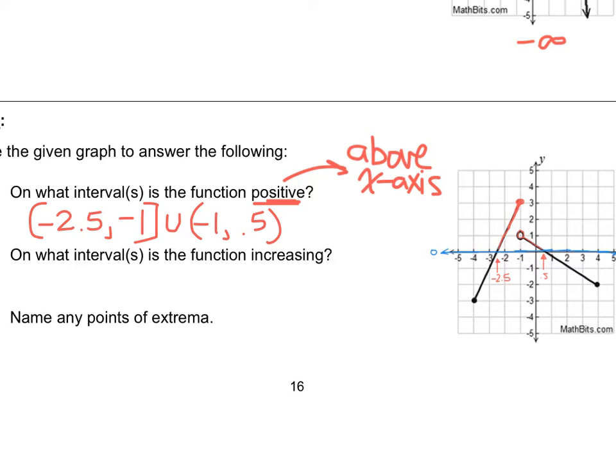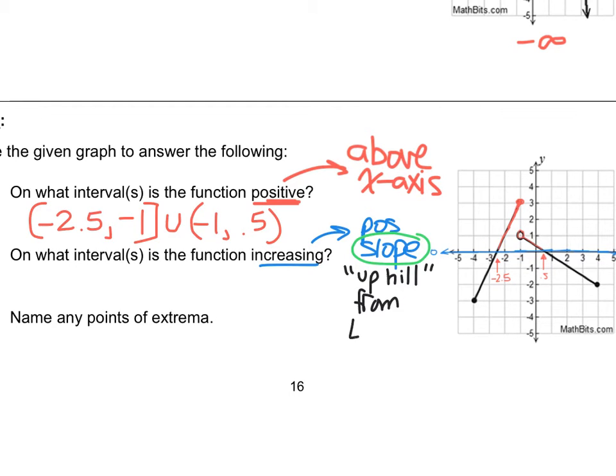Now, increasing. Increasing is different than positive. Increasing means that you could use the word positive to describe it. It's talking about a positive slope. In practical terms, it means that you're going uphill from left to right.